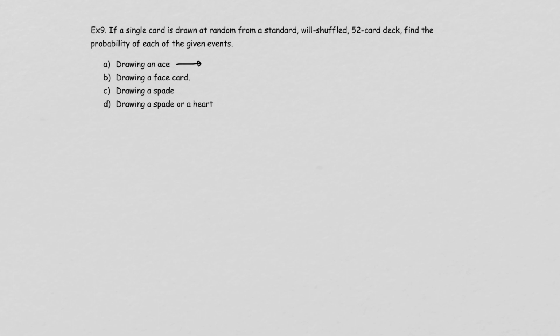How many aces? You have 4 different shapes for a standard deck of cards, and each shape you have 1 ace. So you have 4 out of total 52, 4 ace cards out of 52 cards. When you reduce that, it gives you 1 over 13 probability.